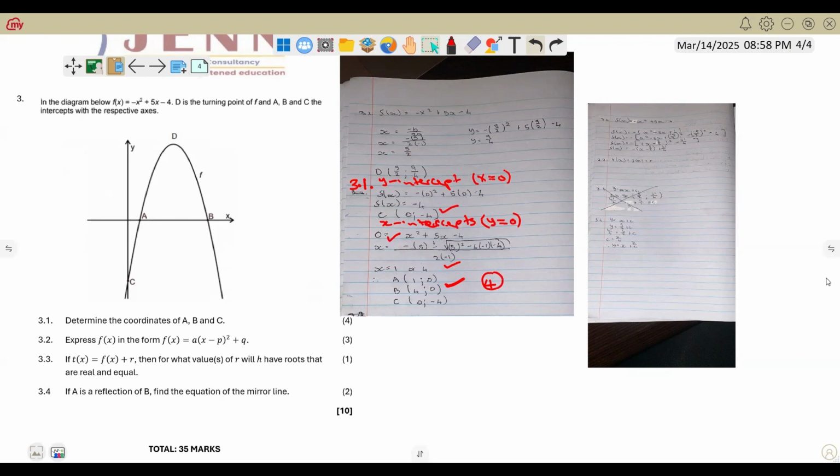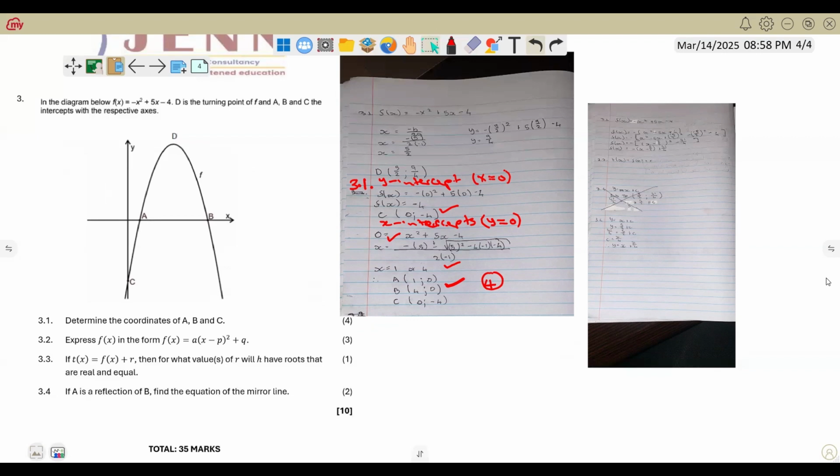Which one? When I calculated D, and also where I did the completing the square, if you try and take the turning point coordinates, they're not the same, so I figured that one of them is correct.